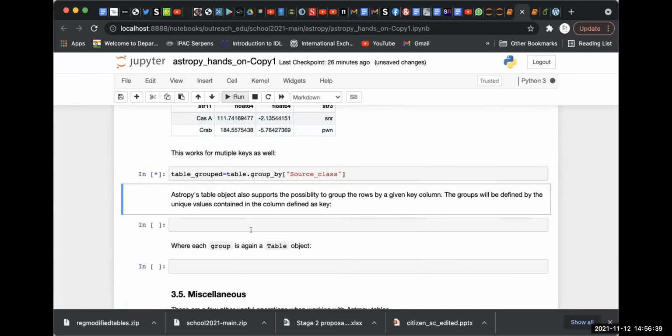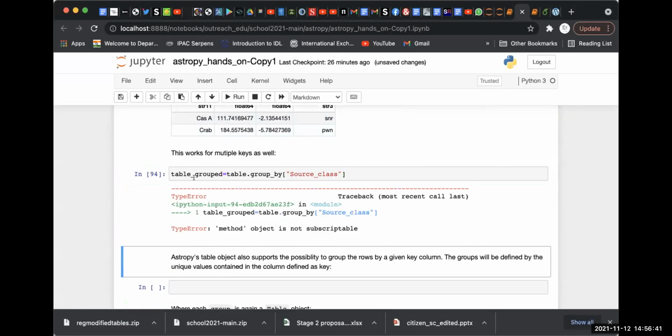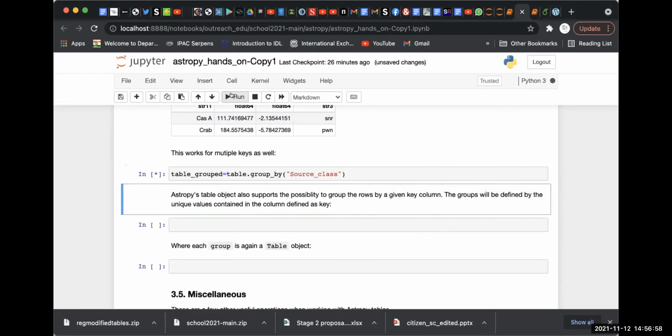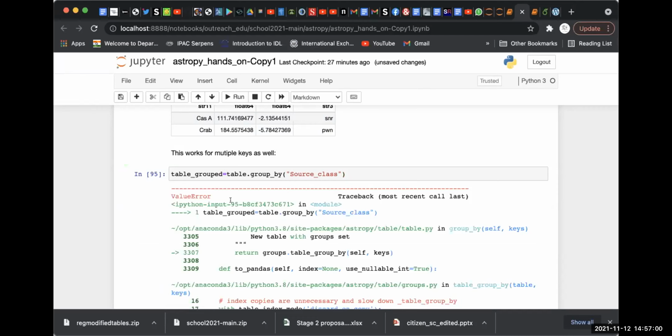And now you can see table grouped is equal to table grouped by, square brackets are there. Round brackets. Okay, sorry. So you've got to be very careful about the syntax, otherwise it won't work. Yeah, no, there's still a problem.